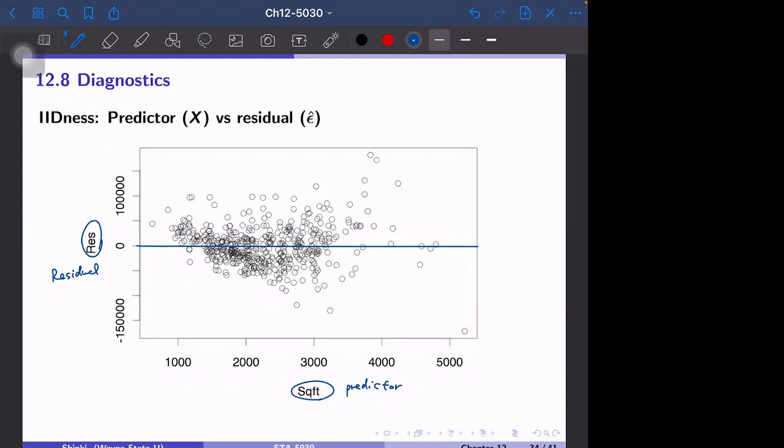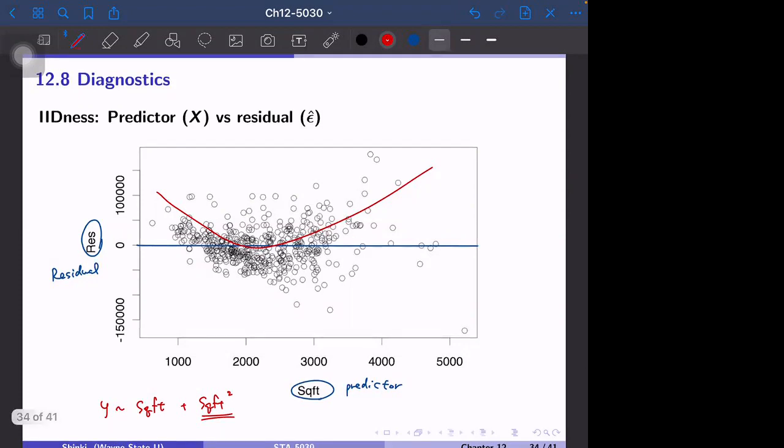In this case, probably we can say that we have some tendency like this. We fit Y on square footage in this case, but we have some curvature, so possibly the square footage squared may be a useful variable to explain Y. So residual versus predictor is one of the most basic analyses that you should do to see if our model specification is correct.